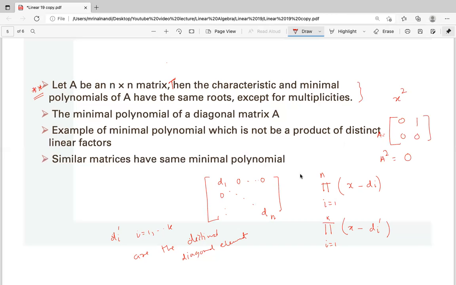You can easily check why this is true. Take a simple example like diagonal 1, 1, 2, 0, 0, 0, 0. What you have to show is that (A minus 2I)(A minus I) is a null matrix.